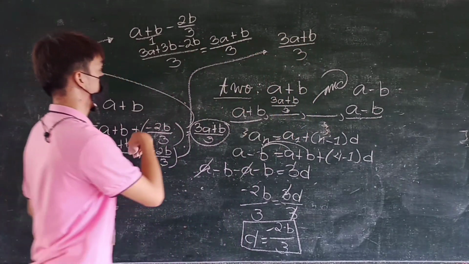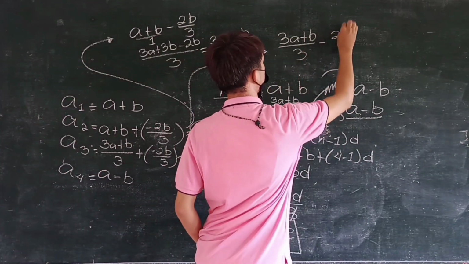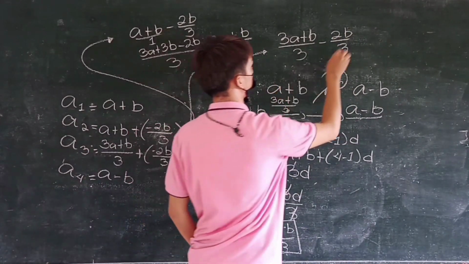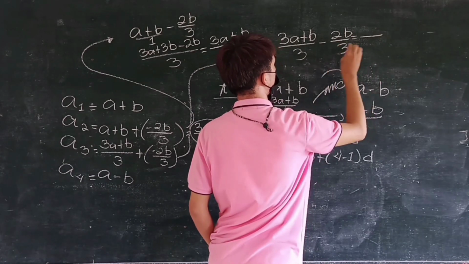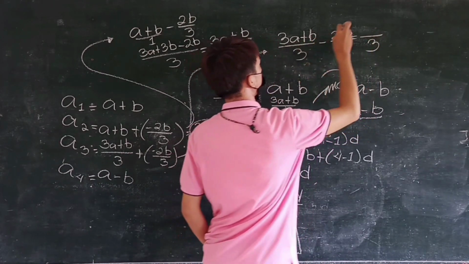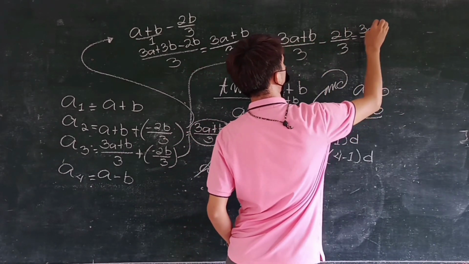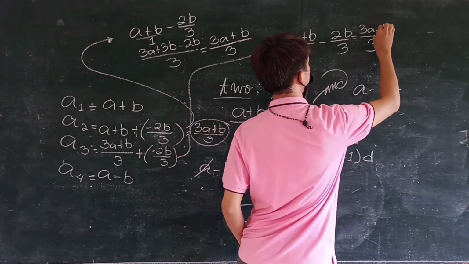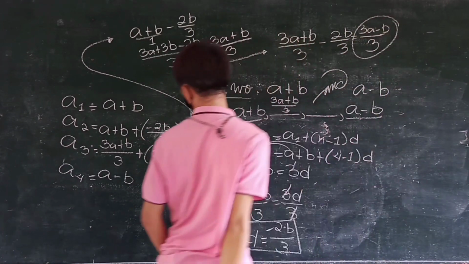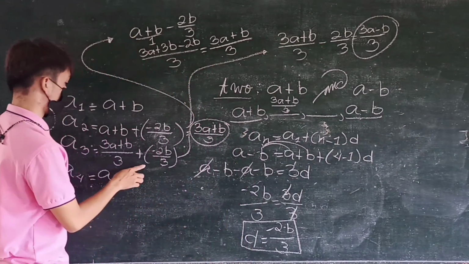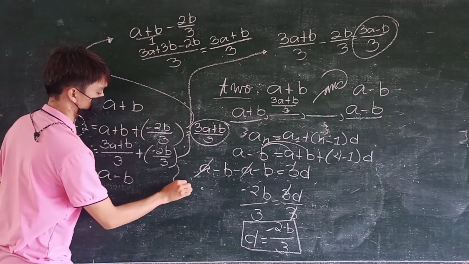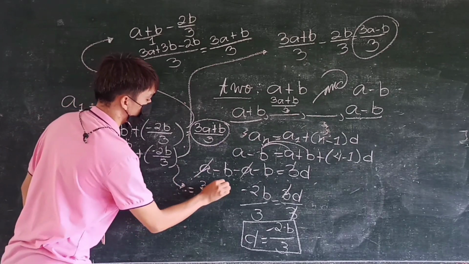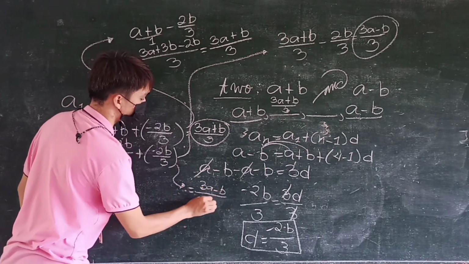Positive plus negative is negative, so it's negative 2b. Like fractions, so we proceed directly. Copy the denominator, 3. Copy 3a. b minus 2b is equal to negative b. So this is now our third term. We have 3a minus b over 3.